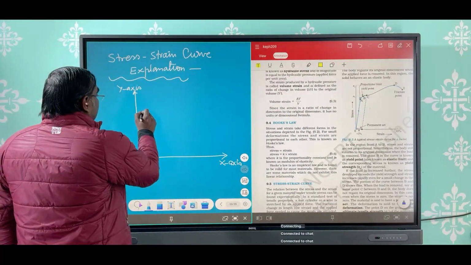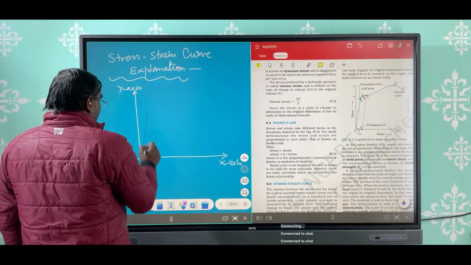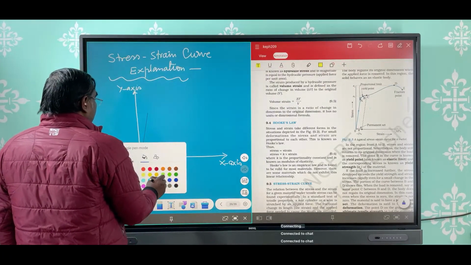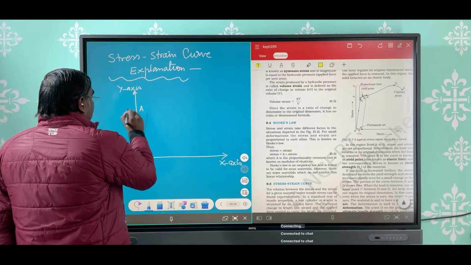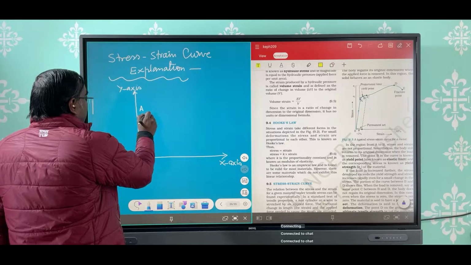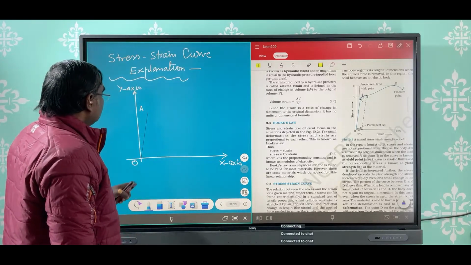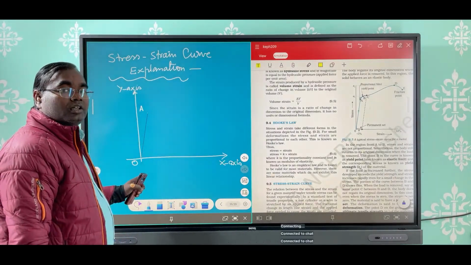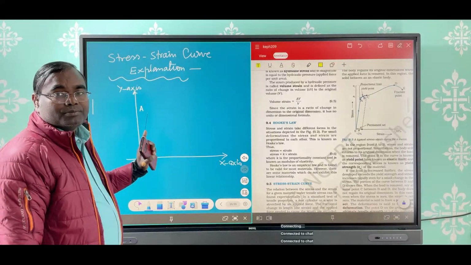If I put some letter, this is A. Up to this point A, the graph shows a linear relationship.